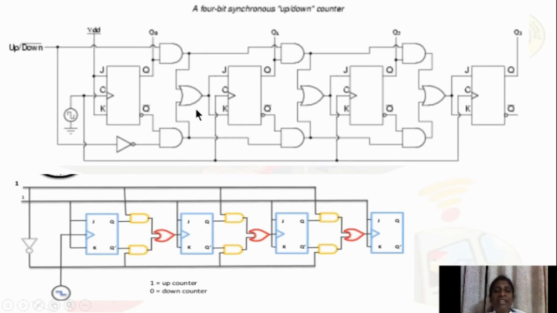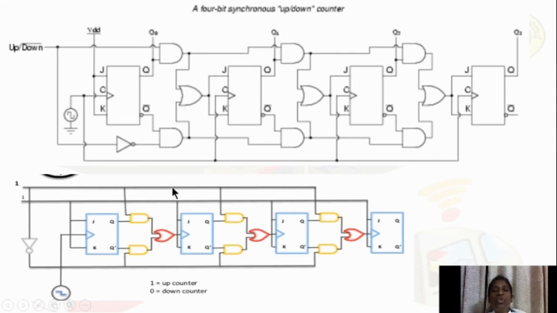And these AND gates' outputs are further passed to the OR gate, because it should count either in the upward direction or in the downward direction. These upper AND gates and the lower AND gates are connected to the common signal called up/down bar.